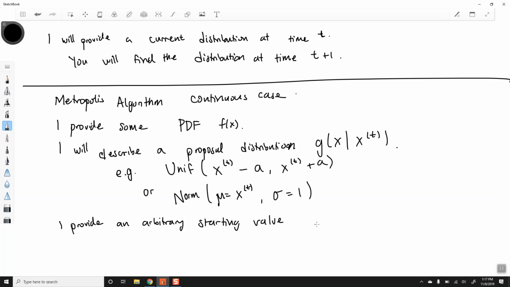We'll call this x at time 0. Okay, and then you do 2 iterations of the Metropolis algorithm.